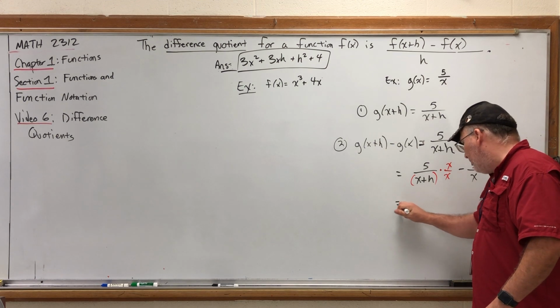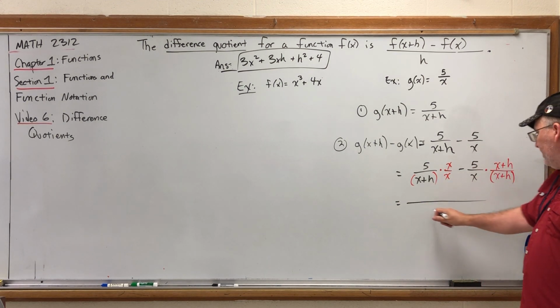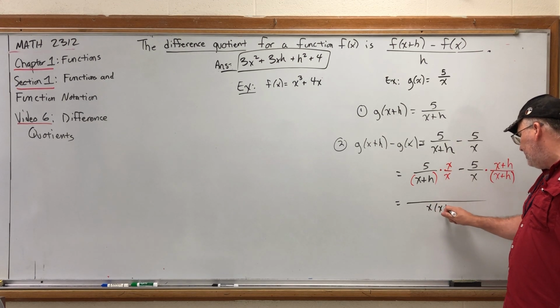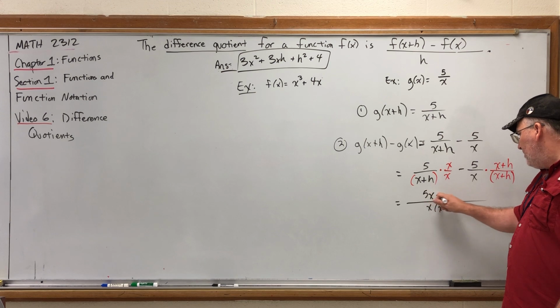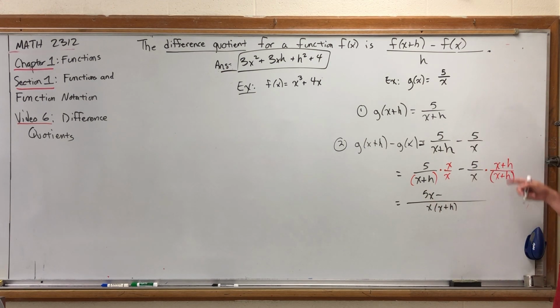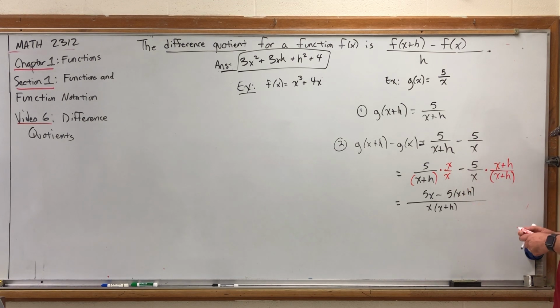Let's see what happens when we put all this together. Each fraction now has a denominator that contains an x and an x plus h. The first numerator becomes 5 times x, minus the second numerator, which becomes 5 times the quantity x plus h. And I should probably put this x plus h in parentheses for emphasis, that the 5 is multiplied across all of it.